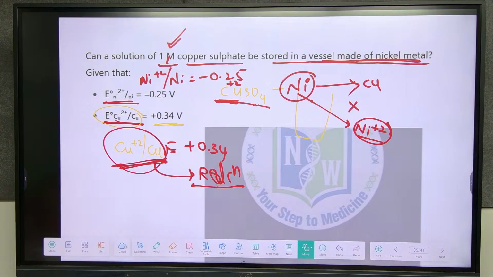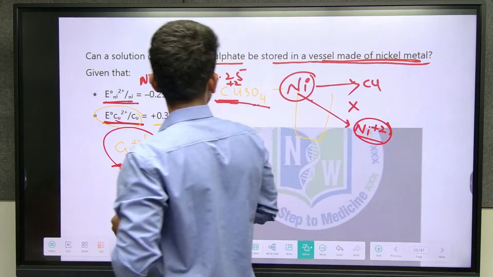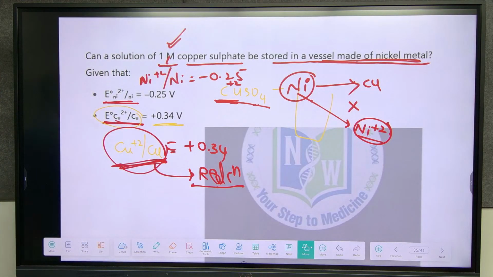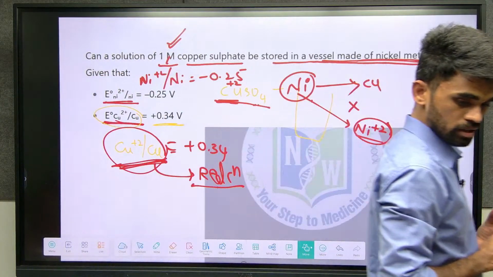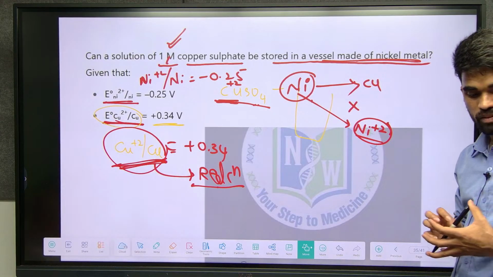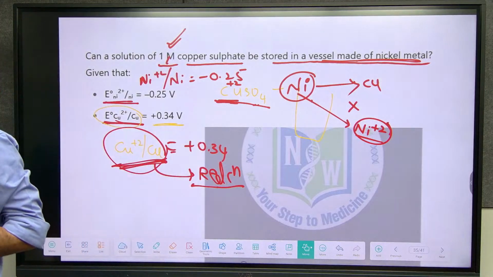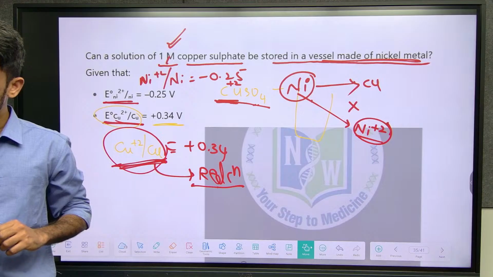Third statement, copper sulfate solution can be stored in nickel vessel. Are all possible?